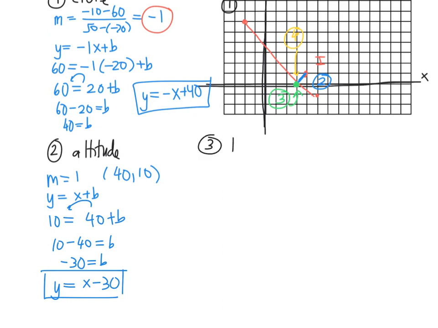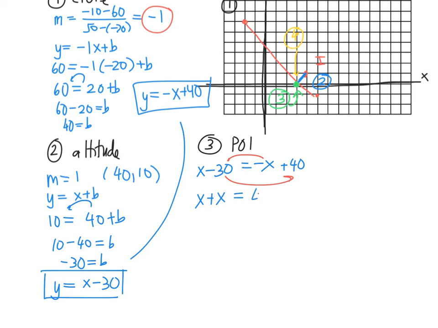Step 3, if you have two equations, the only thing you can do with them is find the point of intersection. So I'm going to do a substitution here. And I'm going to write x minus 30 equals -x plus 40, or the other way around. Move some things around. So x plus x equals 40 plus 30. Don't forget to switch your signs throughout.